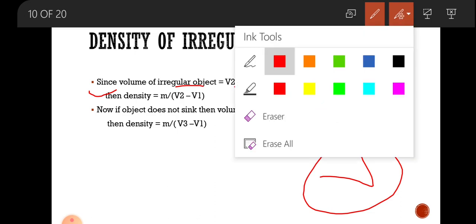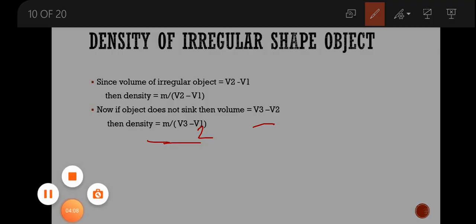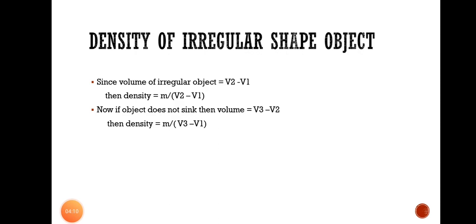Now if we have an object that does not sink in water, then the volume of the object is equal to v3 minus v2. Then density is given by the formula m upon v3 minus v2. Sorry, the v1 should be replaced by v2, so make that correction. I hope these things are clear to you.